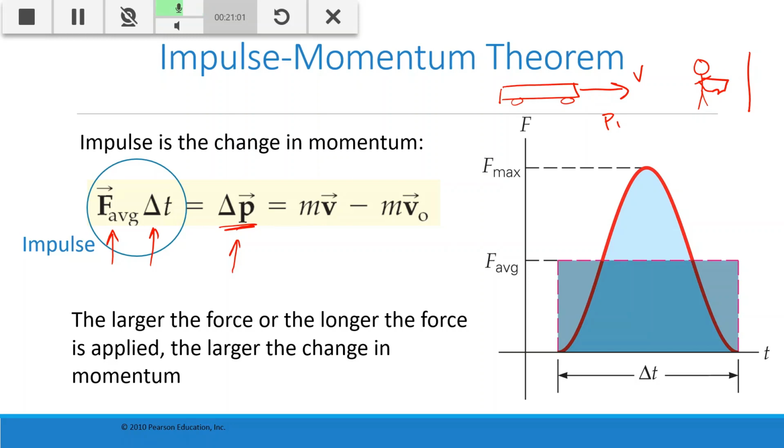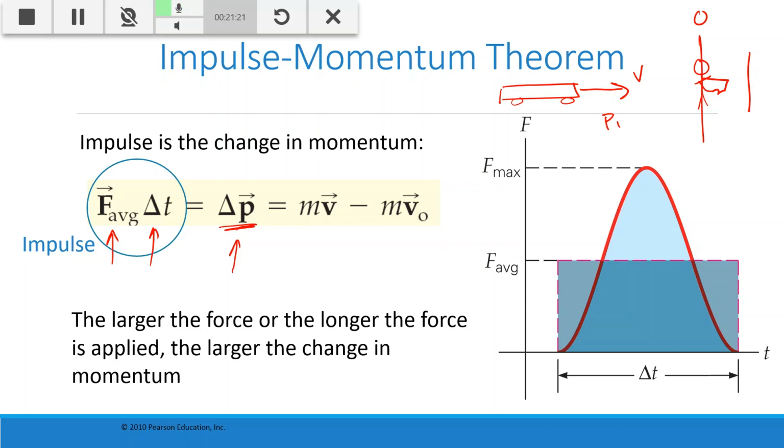Now, if that superhero is like Superman, maybe he's strong enough to basically just bring that bus to a stop right at that instant. He sticks out his hand, the bus stops, the bus crumples, the people continue forward, and basically everybody dies.